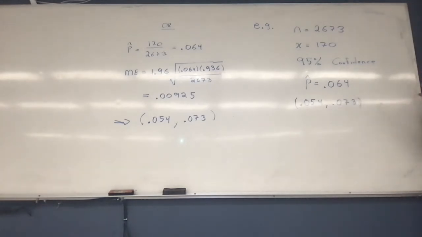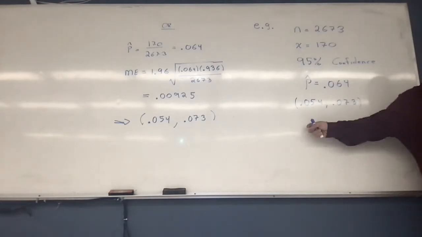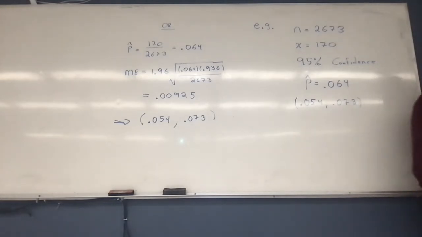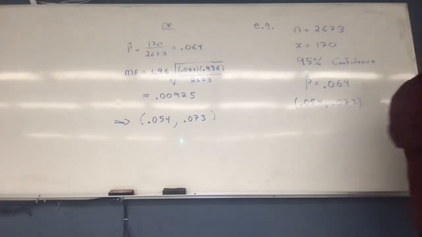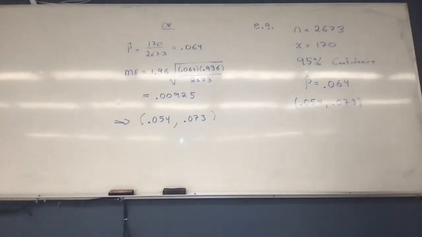I'm just asking you not to judge or come up with a bad or good type answer. What does this mean in the context of this problem? How do I interpret this? Because on tests, especially the final, they do like to ask questions like, interpret this in the context of the problem. So what does this mean? The answer is 0.054, 0.073. What does that mean?